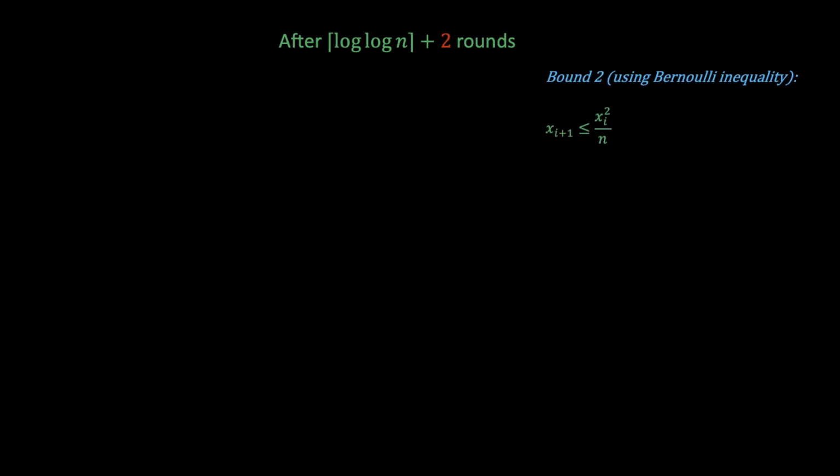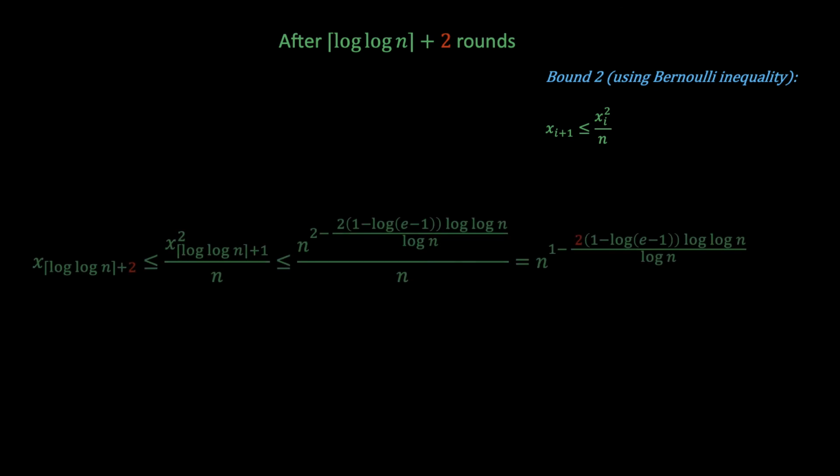What about round log n plus 2? Well, now we start using the second bound because it gives us faster convergence. Subbing in the upper bound we got for x at log n plus 1, we get n to the power of 1 - 2 times (1 - (log e - 1) times log n over log n).